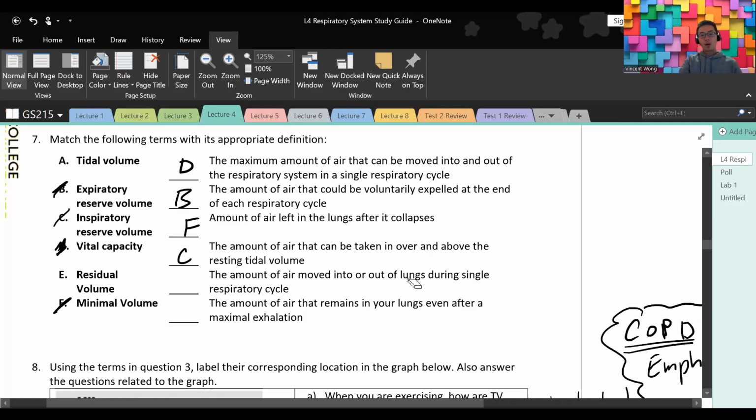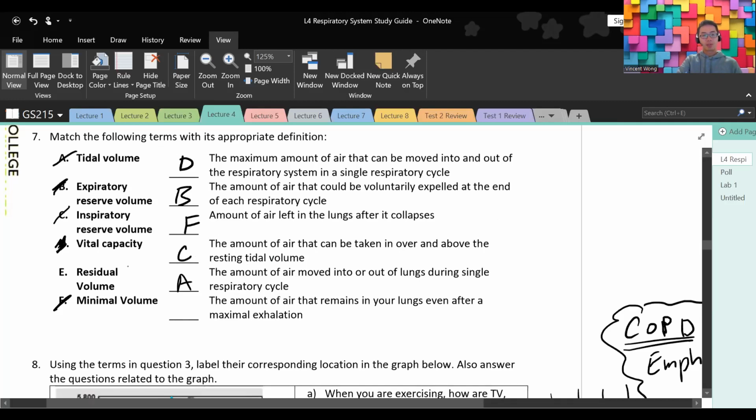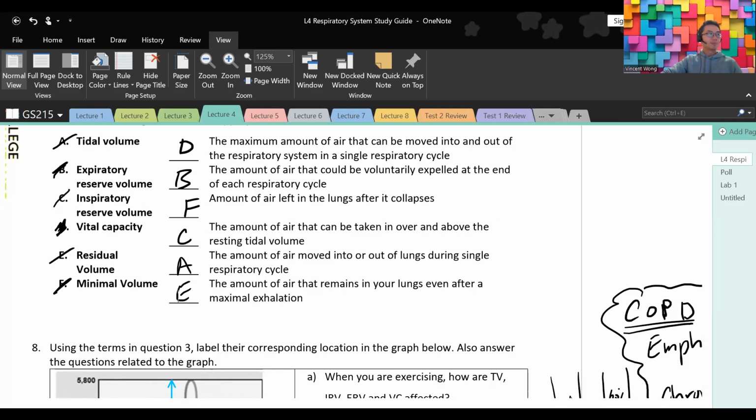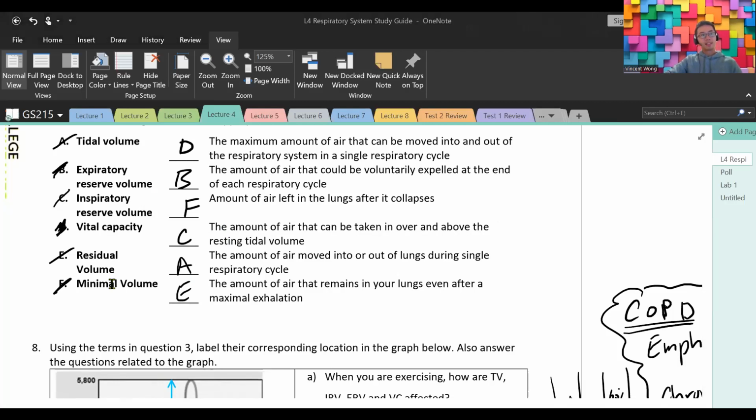Amount of air moved into or out of the lungs during a respiratory cycle, just regular in and out, would be the tidal volume, like the ocean tide. It comes and goes. Amount of air that remains in your lung even after maximal exhalation would be the residual volume, the dead air, the useless stuff that you don't want a lot of. Okay? That is that.